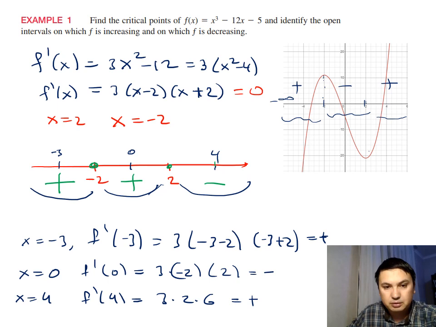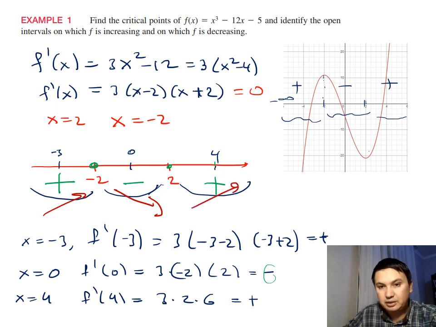Yeah, sorry, I confused myself. Here this is positive. So long story short, here my function is increasing, here my function is decreasing, and here my function is increasing. Okay, so indeed that's what we see, right? Here it's increasing, here it's decreasing, here it's increasing. Great.